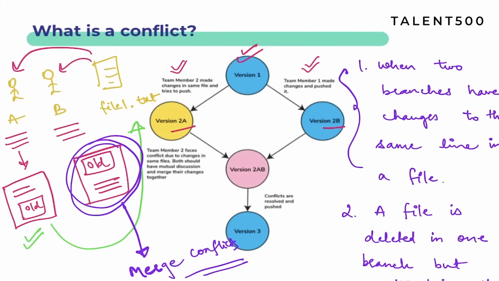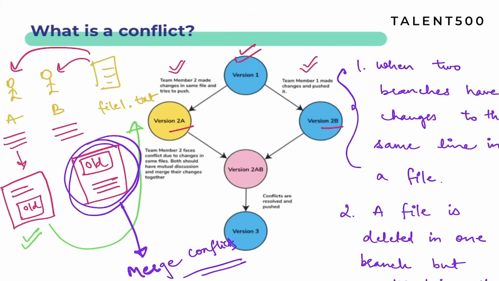Now, what will happen? Your team member 2 is going to face certain conflicts. And why are those conflicts going to be there? Because they both are making changes to the same file. So in such a case, what is the ideal solution for such a problem? That they both discuss what the changes are and how they should move ahead.